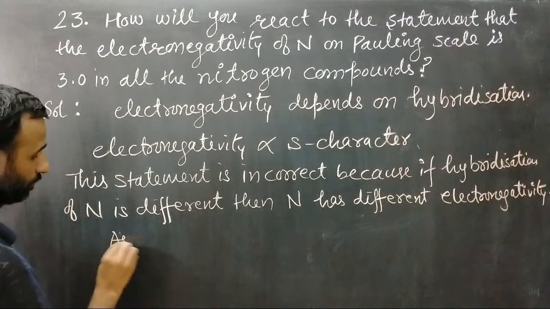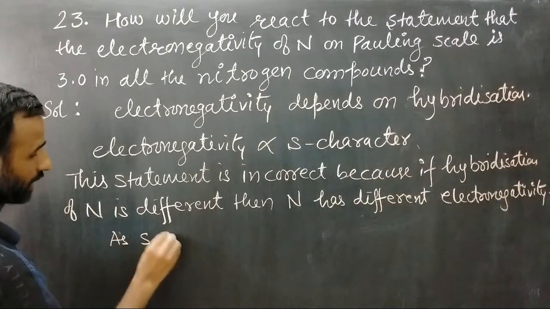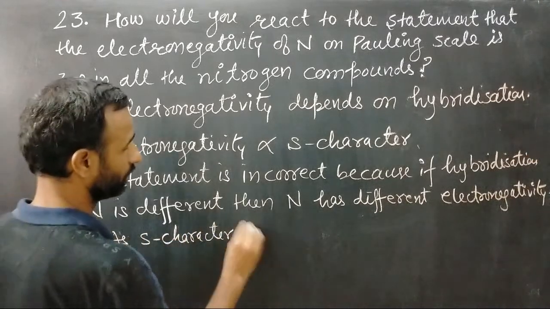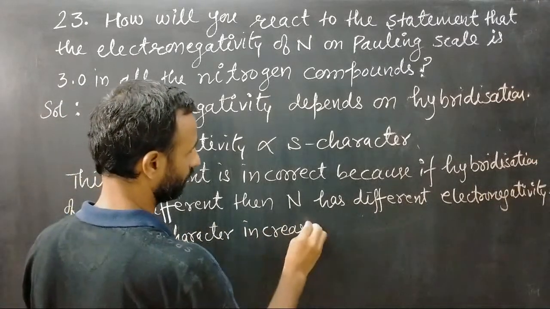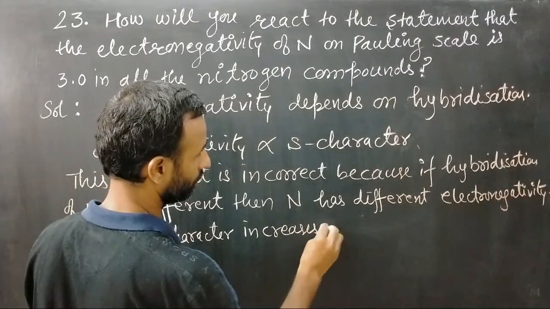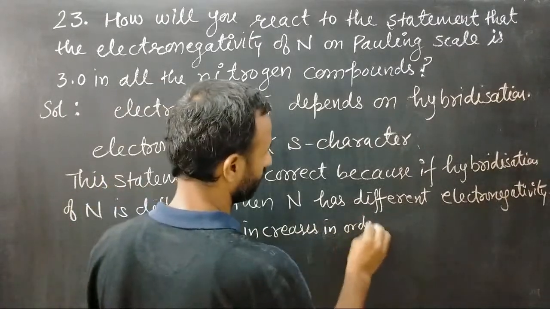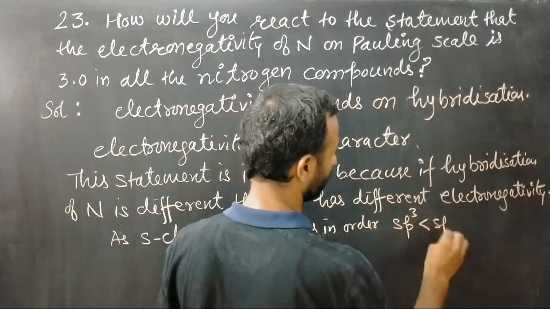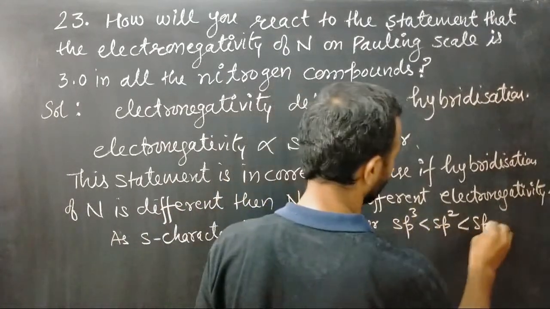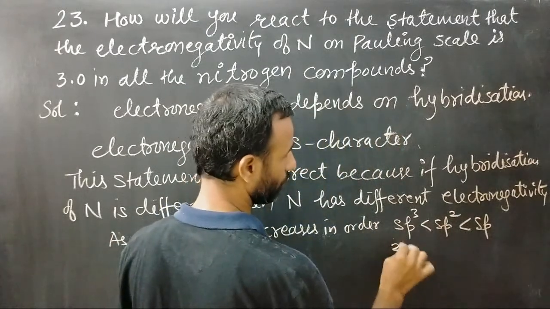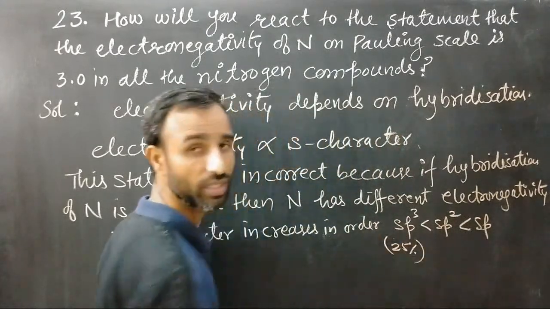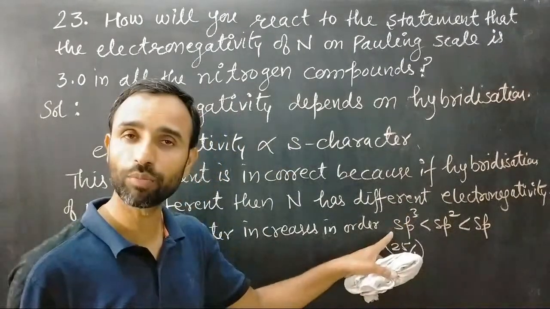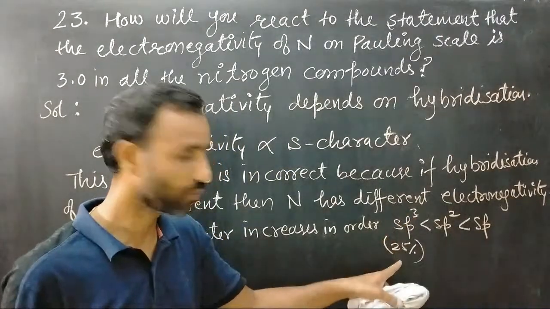As s character increases in the order sp3, then sp2 and then sp. In sp3 there is 25% s character that we have already calculated: 1 s and total 4 orbitals, 1 by 4.